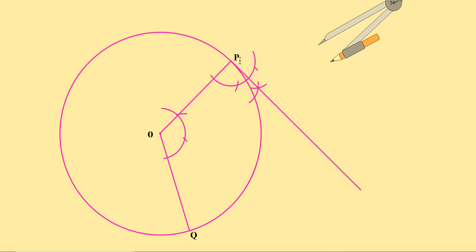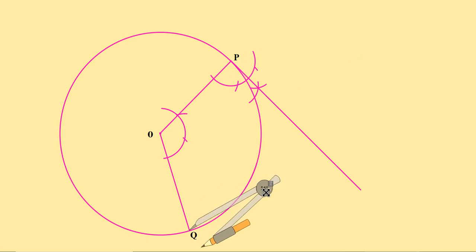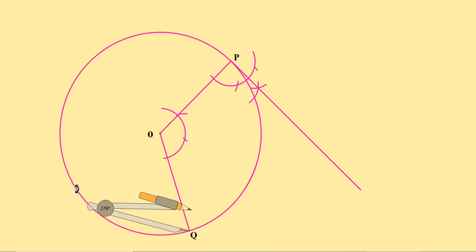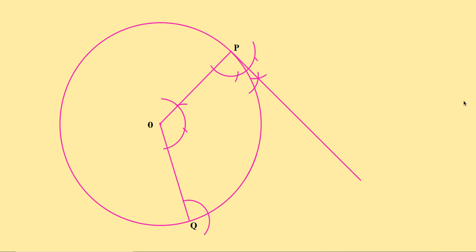The same way you can draw a perpendicular through the radius, through the point Q. Now with center Q, draw an arc, then with the same radius cut the arc 2 times, then again more than half of the second arc with these two intersecting points as center, draw arcs.